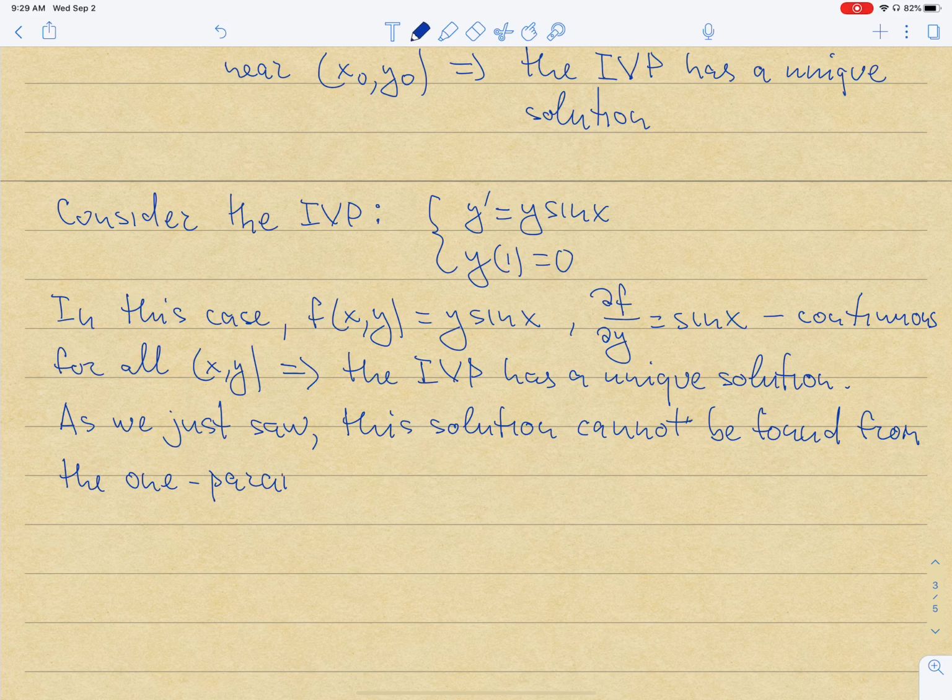So what are we to do? We know that the solution exists. And so what are we supposed to do?